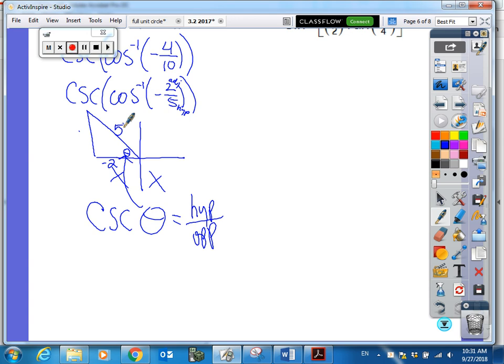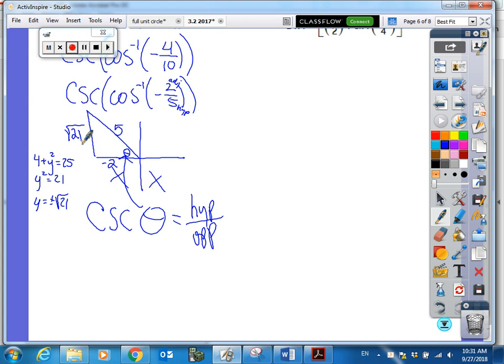Then we do -2 squared, which is 4. I'm going to say y squared since it's the one that goes up. Doesn't matter what letter you use. Equals c squared. So y squared equals 21. Y equals plus or minus √21. I have to decide, do I use the positive or the negative? Since I'm going up, I use the positive √21.